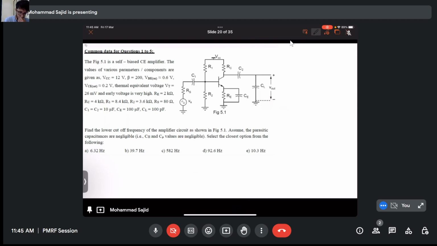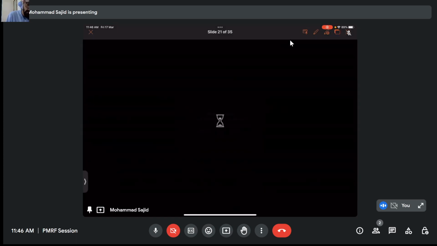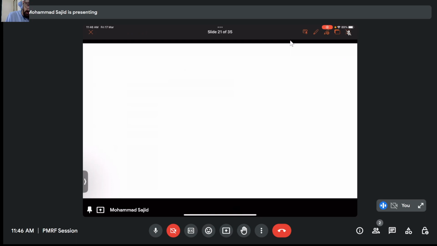First I want to draw one equivalent circuit for a simple transistor. So this is, let's say, V in. This will be my RS. This will be my R pi.